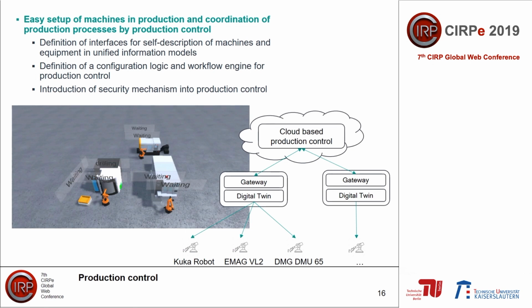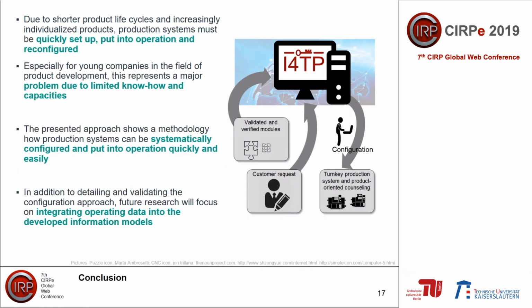In summary, we observed a demand for production systems that need to be set up, put into operation and be reconfigured quickly, due to short product life cycles and increasingly individualized products. This demand is especially prevalent in young companies in the product development field, because they often don't have the know-how or the capacities.